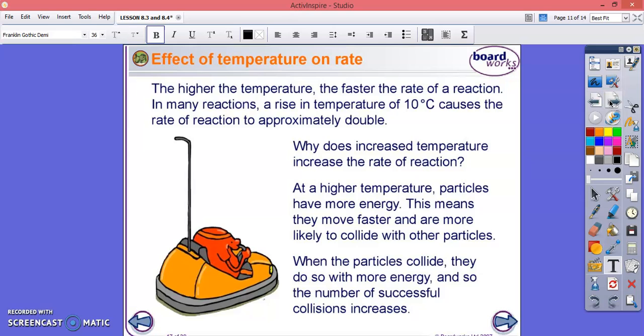Just like the surface area, if we increase the surface area by making the solid reactant smaller, we are also increasing the chances of collisions among particles or molecules.